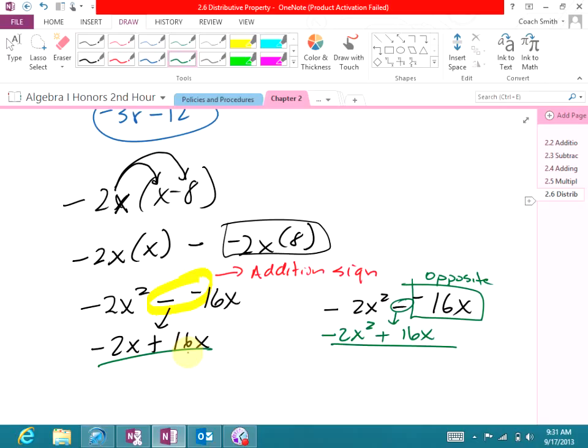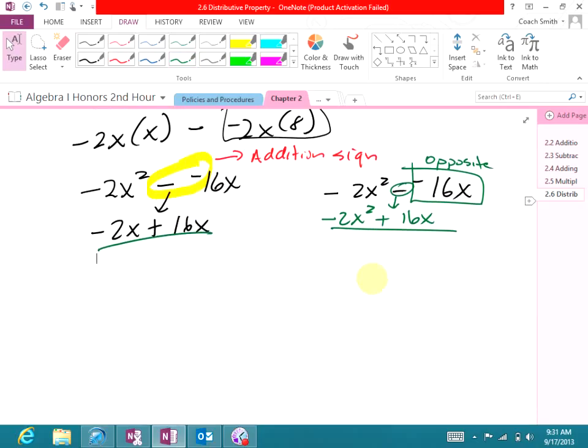Now, in some of these problems, I think they're telling you to use distributive property, rewrite the expression without parentheses. So, Owen. Yeah, it's x squared. My bad. I forgot to put that squared right there.